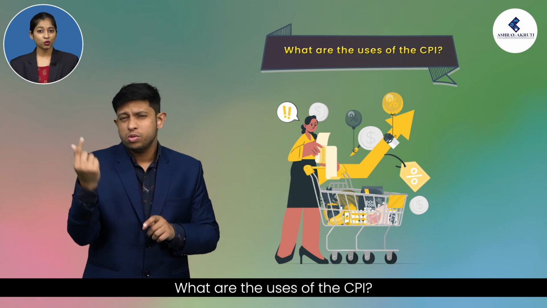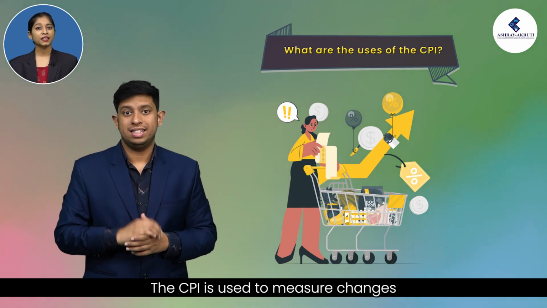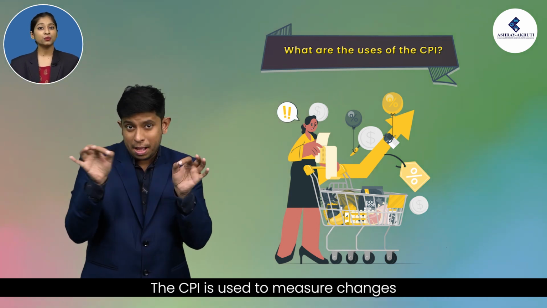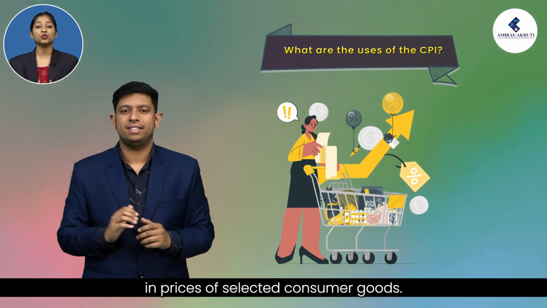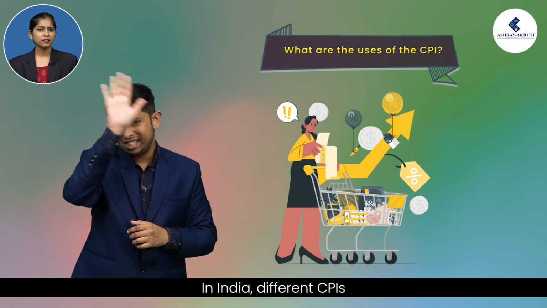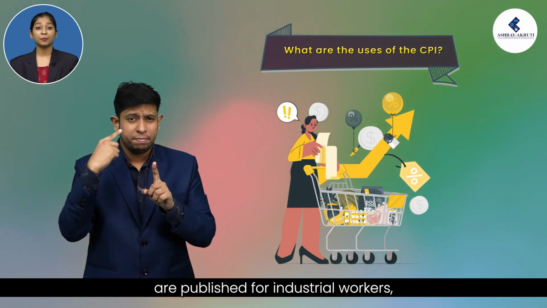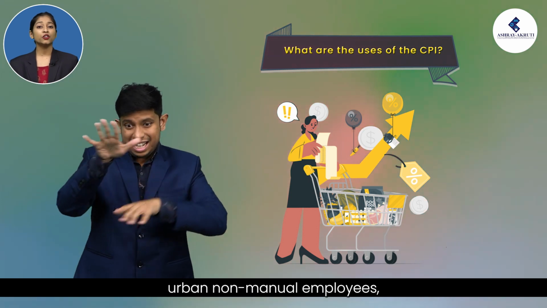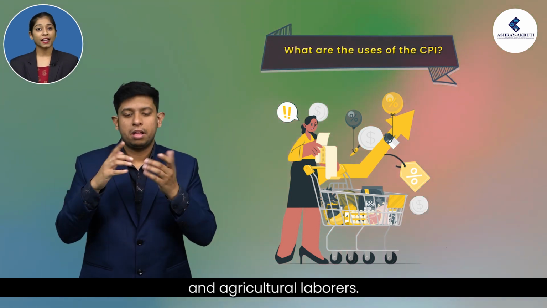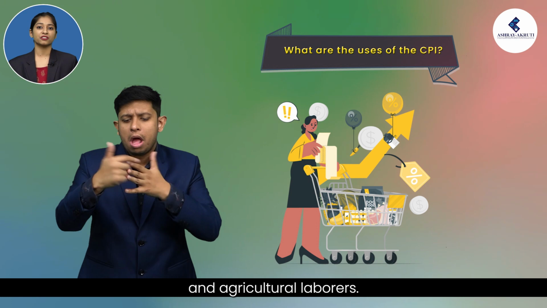What are the uses of the CPI? The CPI is used to measure changes in prices of selected consumer goods. In India, different CPIs are published for industrial workers, urban non-manual employees, and agricultural laborers.